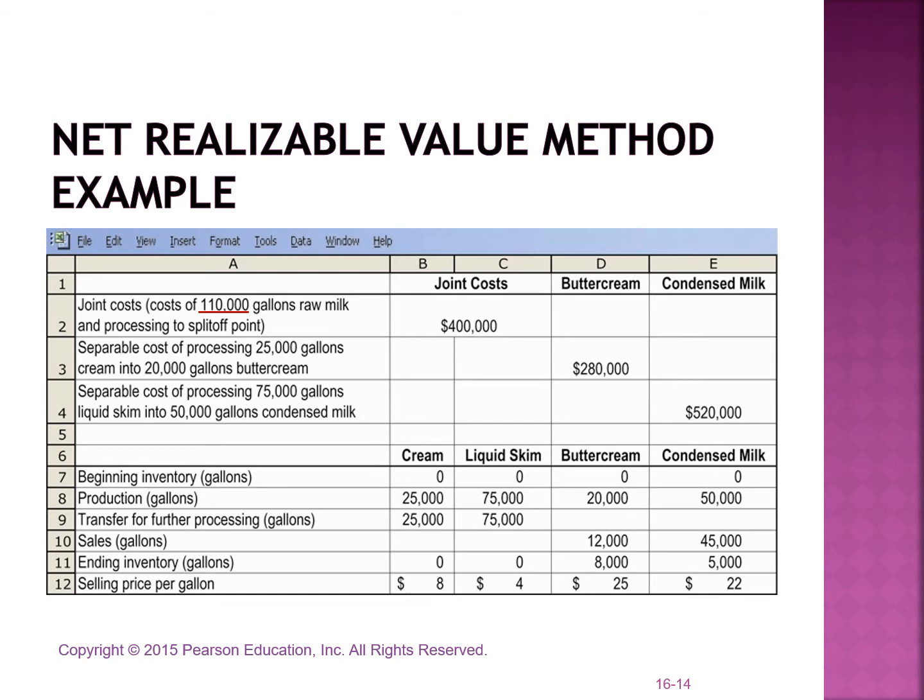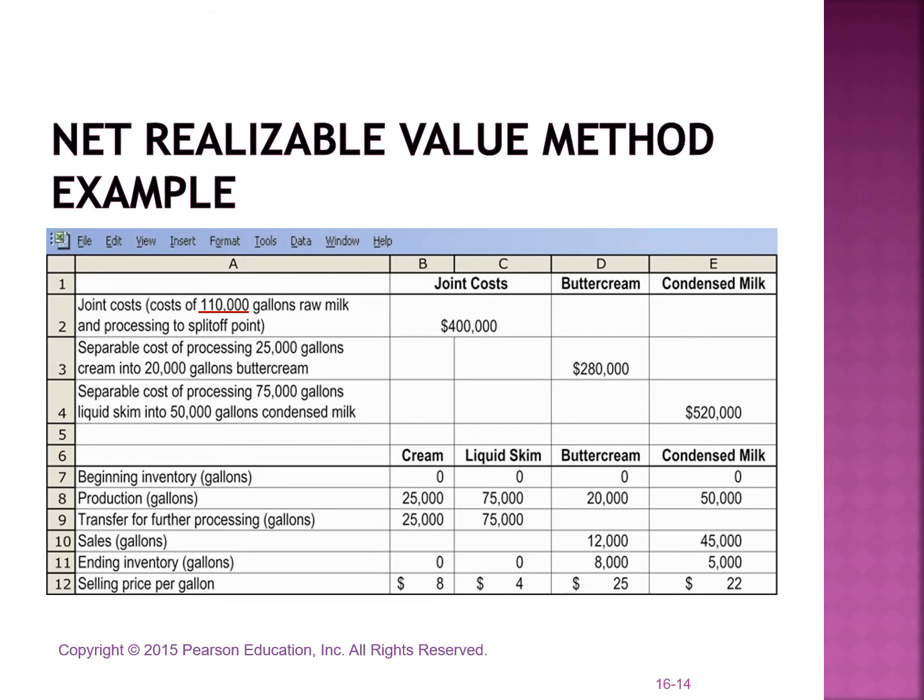And this is the additional information. Beginning is 0, production is 25, 75, 20, and 50. Transfer for further processing: the 25,000 gallons will all be further processed in order to yield the 20,000, and the 75,000 will all be further processed in order to get the 50,000.